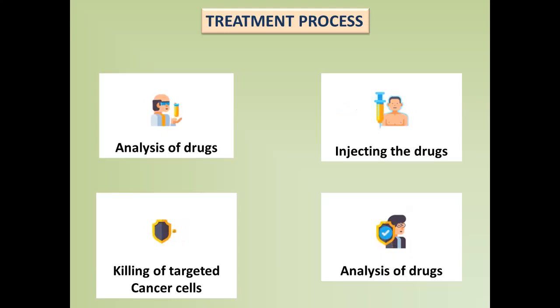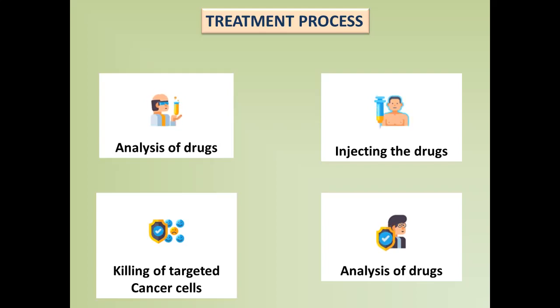It will be transferred into the body and it will reach a particular cancer site. After 24 to 72 hours, it will leave the normal cells. One more thing is that the biggest question can come: while it's traveling, how can it identify a cancer cell and a normal cell?